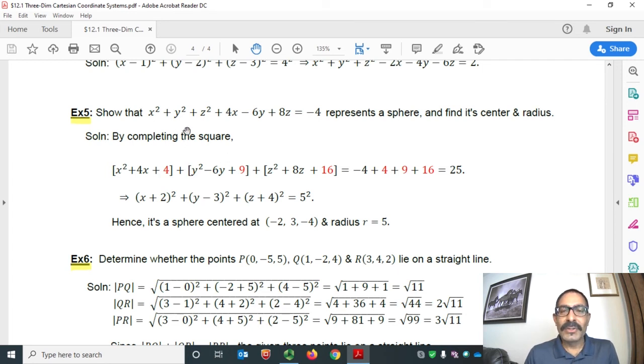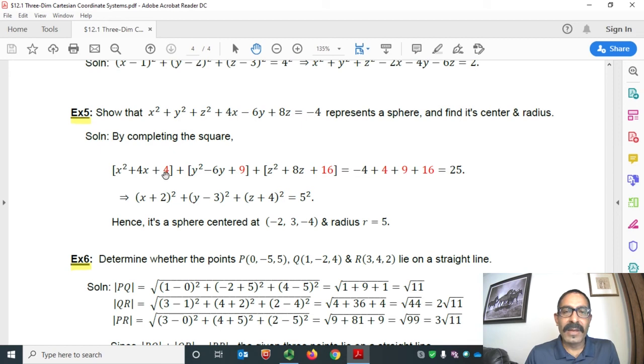So let's use the completing the square technique here. Let's collect the x terms. So x squared plus 4x, leave this spot blank because the magic number goes there. I'll tell you later. The y terms are here, leave this blank, plus z terms here, leave this blank, and negative 4 as it is.